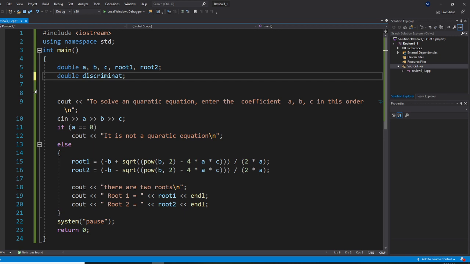Equal to 0, you have only one root, the two roots being exactly equal. Less than 0, you know that you're going to have imaginary numbers.